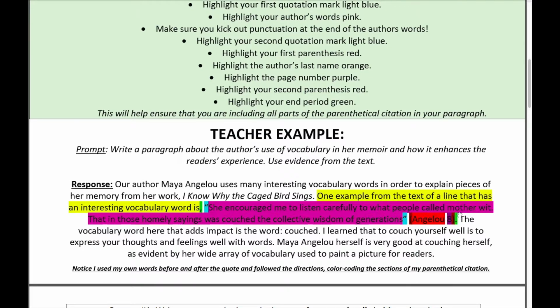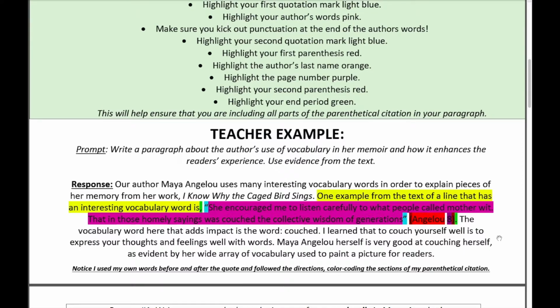Instead of walking away from the quote, we then use our own words and we sum up what that quote means, why it's important. So here I put the vocabulary here adds impact, and that word is couched. I learned that to couch yourself well is to express your thoughts and feelings well with words. Maya Angelou herself is very good at couching, as evident by her wide array of vocabulary used to paint a picture for readers.